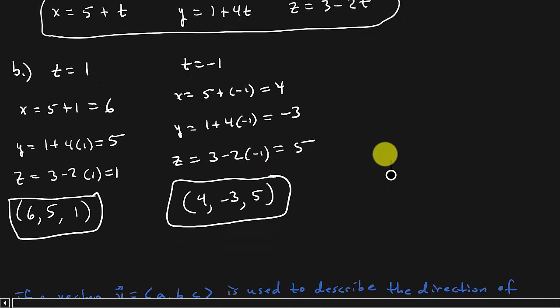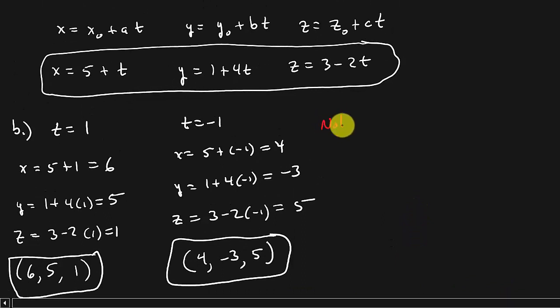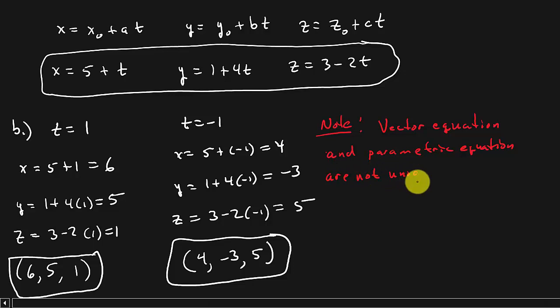All right, and then something I want to note. I'm not going to go through working it, but note that the vector equations and parametric equations are not unique if we change the point, parameter, or parallel vector.